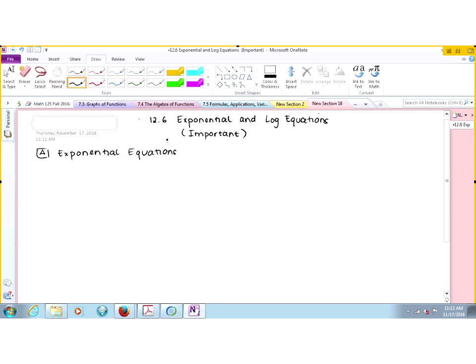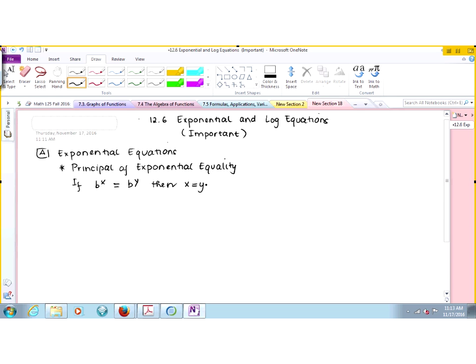All right. So we have what is called the principle of exponential equality. If b to the x is equal to b to the y, so x and y are exponents, then what happened to x and y?